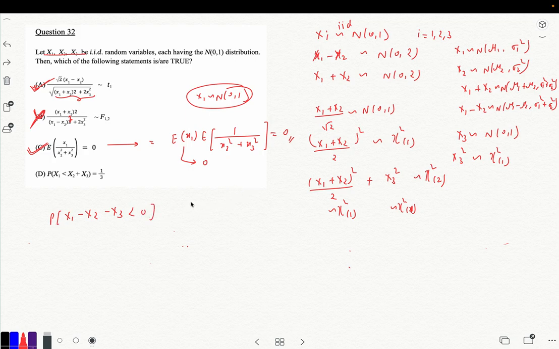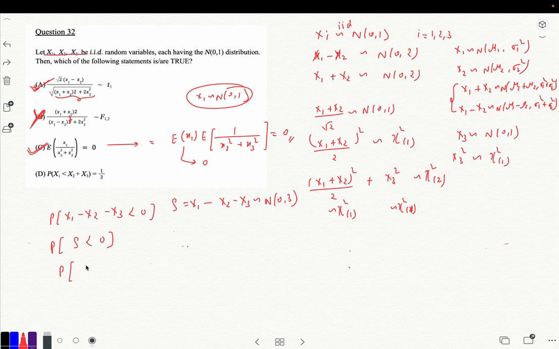Firstly, we need to check what x1 minus x2 minus x3 follows. Again by using these properties, x1 minus x2 minus x3 would follow normal 0 comma 3. Let's say this function is s. So we are going to calculate the probability s is less than 0.